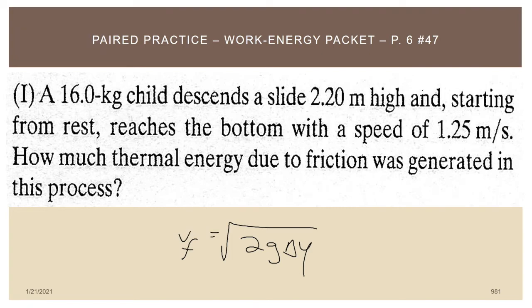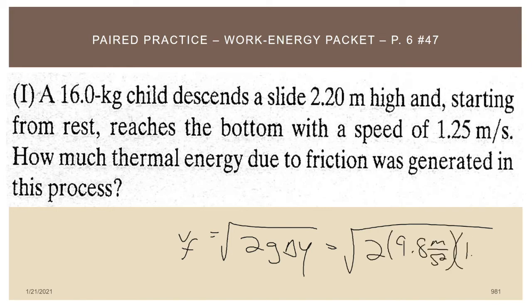All you have to do is calculate what the speed would be if there was no friction. You don't ever have to write this down if the question is like this, but if you just take the height, 2.20 meters, multiply it by 2 times 9.81, and take the square root appropriately, that tells you what the speed of the object would be if there was no friction.